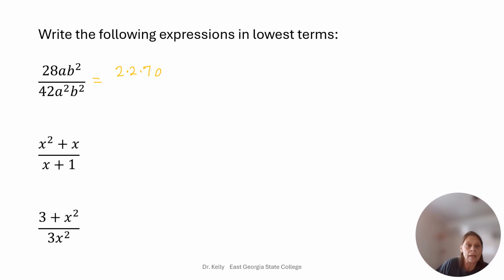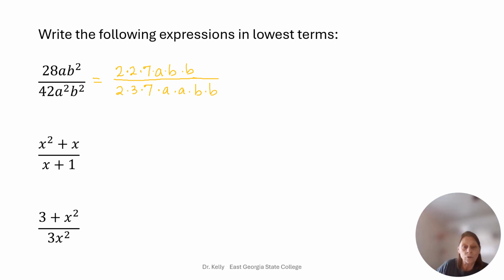We have an A, and B squared is B times B. So this is what we've got over 42 is 6 times 7, and 6 is 2 times 3, so 42 is 2 times 3 times 7. And then we're left with A times A and a B times B.